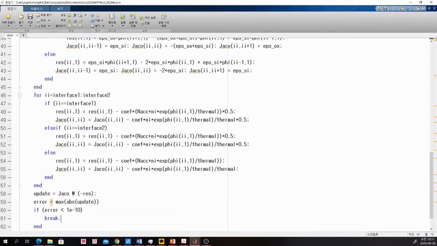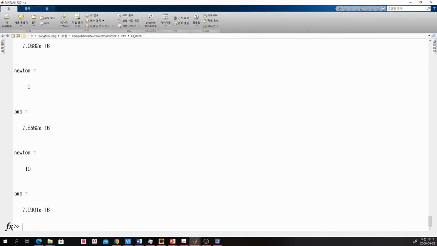So we are now using the magnitude of the update vector as an indicator of our closeness to the real solution. So when I run it once again, only 3 Newton iterations are enough for our convergence, 10 to the minus 10 volt.